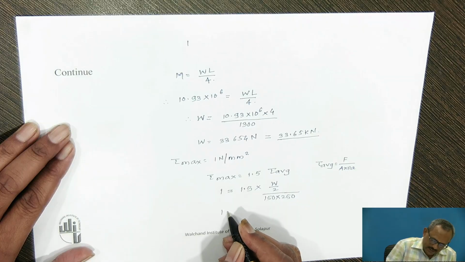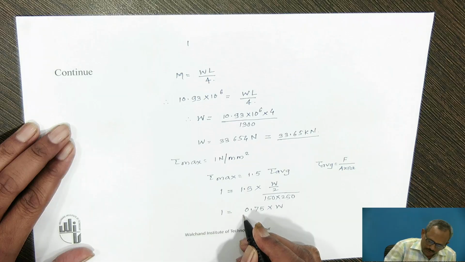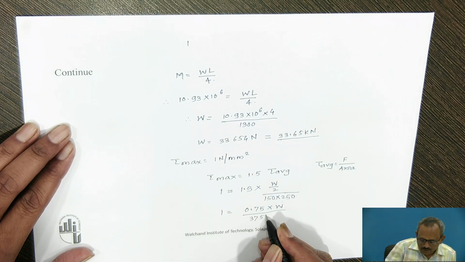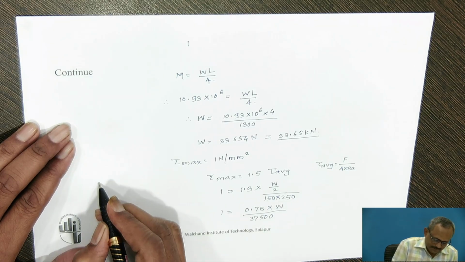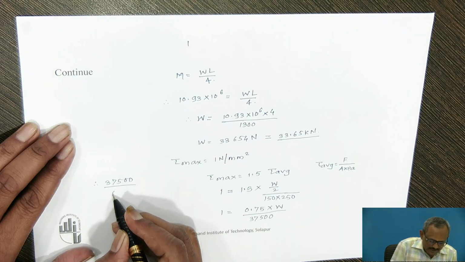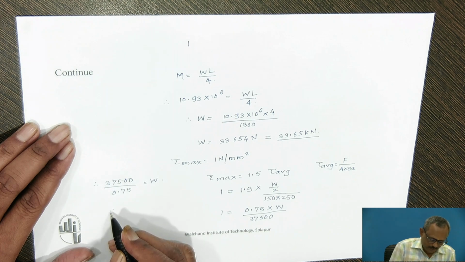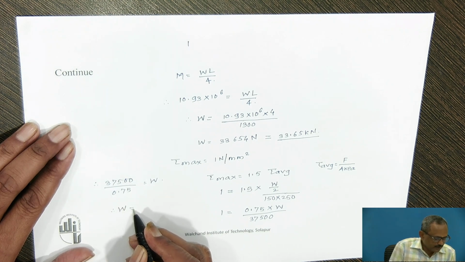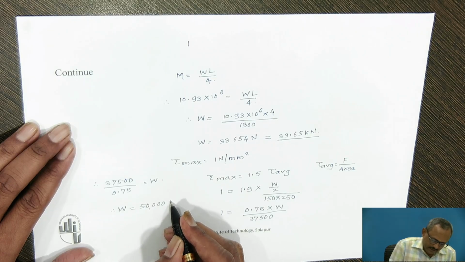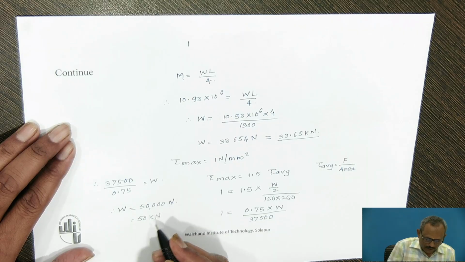Solving this equation, you get 0.75 into W divided by 37,500, and hence 37,500 divided by 0.75 is equal to W. Therefore the point load W by shear stress consideration is 50,000 Newton, which is equal to 50 kilonewton.